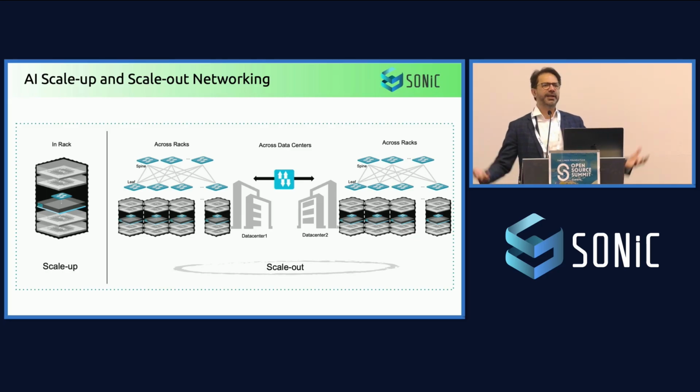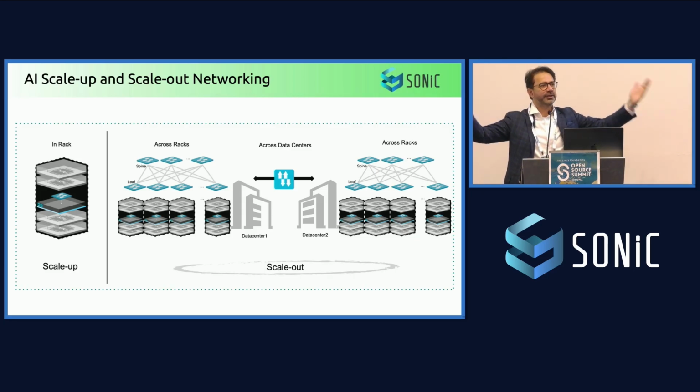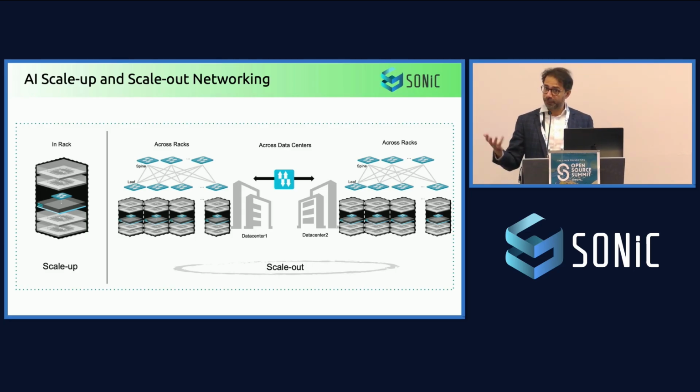If you are wondering, why do you need scale-out between two data centers? Why can't you just make a very big data center with lots of GPUs? One of the main reasons is power. If you have a 10 megawatt data center, guess how many GPUs you can have?